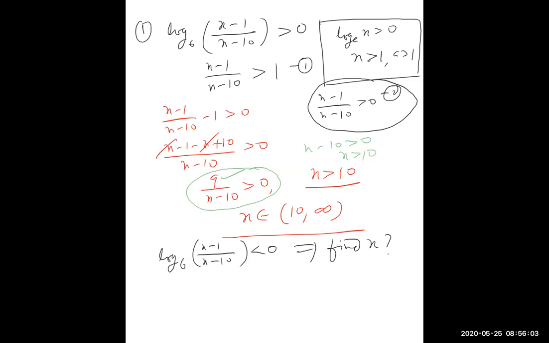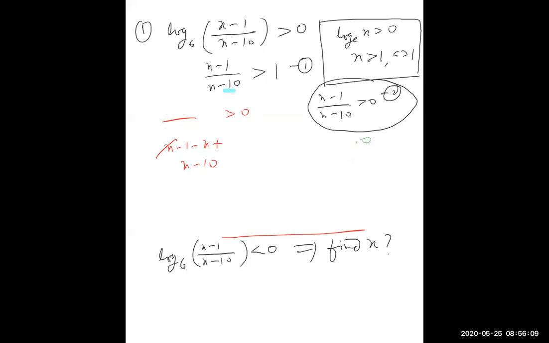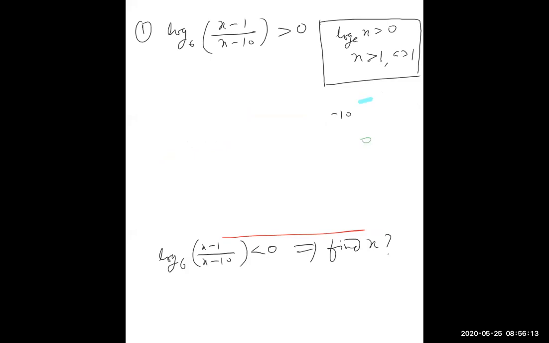Yes, sir. But in this problem, second problem is slightly different here. Here what is given, second problem I am writing, all students must understand this. Instead of greater than 0, now this is less than 0.